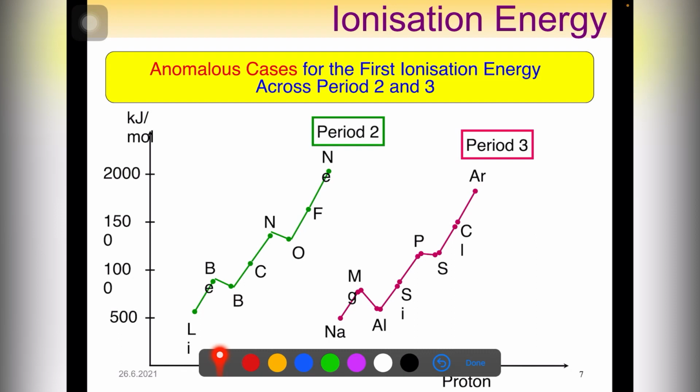So you can see it between beryllium and boron, and nitrogen and oxygen. Same for period 3, it happens between magnesium and aluminium, and phosphorus and sulfur.